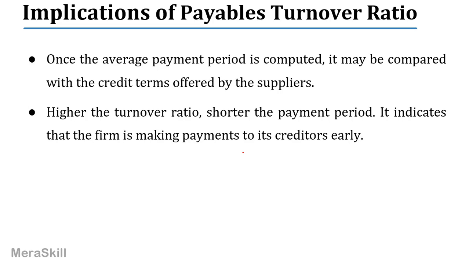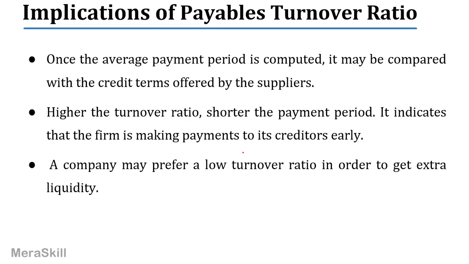If they offer longer credit terms, we may decide to extend the credit period. Now, if the turnover is higher, it means that we are paying our suppliers very promptly. Now, sometimes a company, in case of a payable turnover ratio, may prefer a lower ratio, not a higher one, so that it has liquidity for some time.